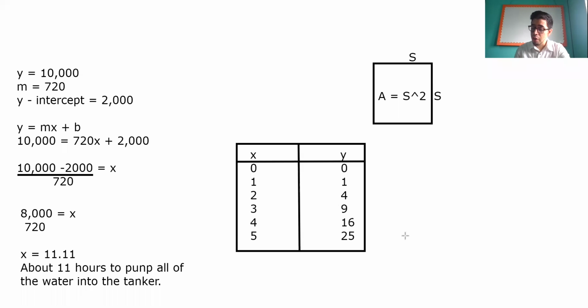And you need to graph the ordered pairs from the table. So if we graph the ordered pairs from the table, I'm going to draw this in here. Okay, and I'm going to draw the other one, starting here. Then I'm going to place all the points. You already know how to place the points, guys.